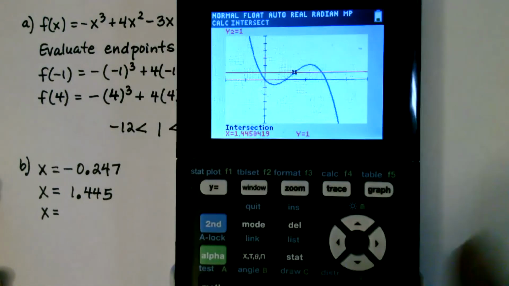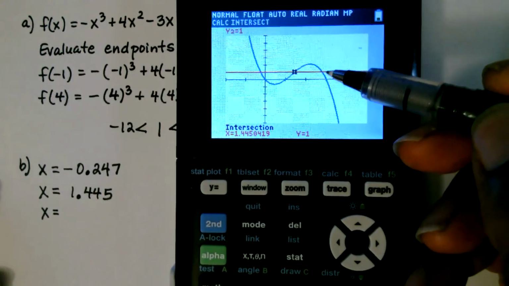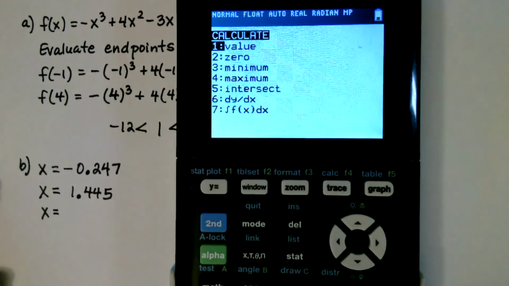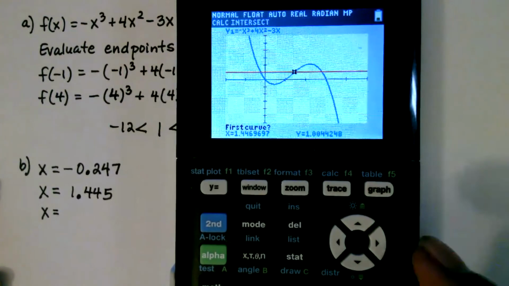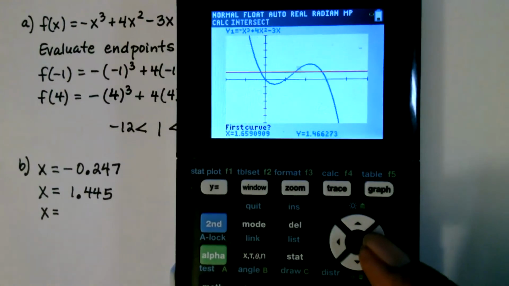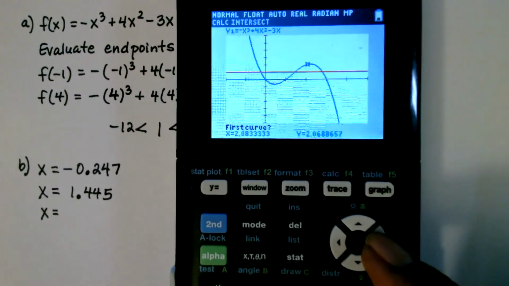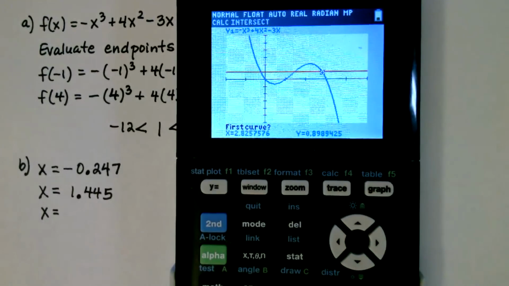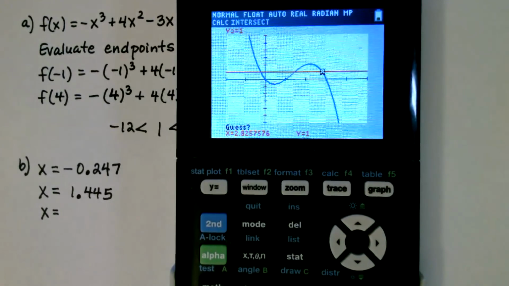And then finally, for the third point of intersection, which is right here, go to second, trace, select number 5 for intersect. Use your right arrow key to put the cursor on that third point of intersection, right there. And then again, press enter 1, 2, 3.